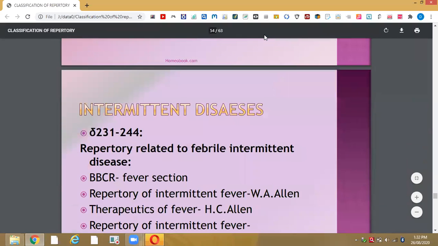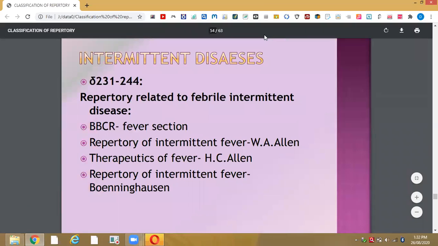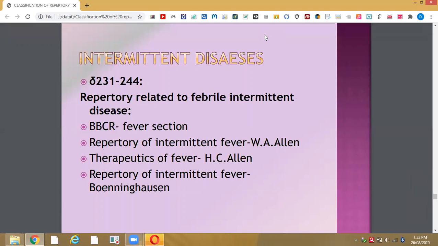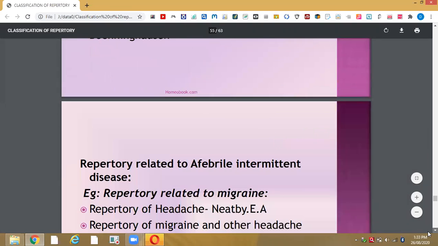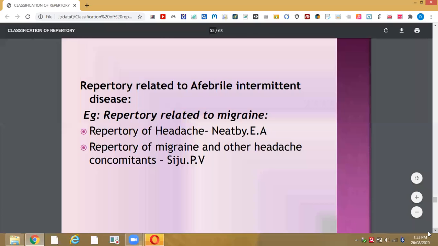For intermittent diseases, repertories related to febrile intermittent disease. In BPCR, the fever section is very much useful. Then the repertory for intermittent fever written by W.A. Allen, therapeutics of fever by H.C. Allen, then repertory of intermittent fever by Dr. Boenninghausen. Repertories related to febrile intermittent diseases.